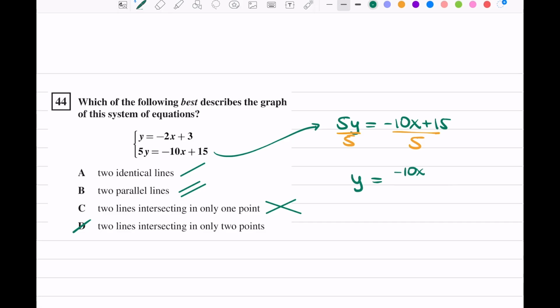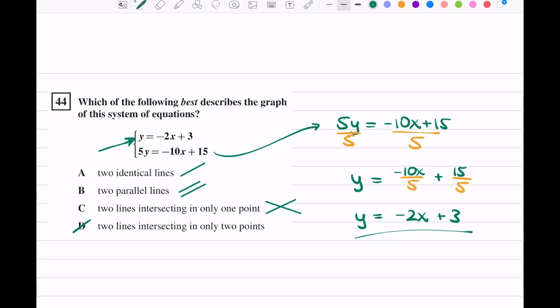We'll have negative 10x divided by 5 plus 15 divided by 5. Simplifying, we have y equals negative 2x plus 3. So our second equation is negative 2x plus 3, and so is our first equation. So we have 2 identical lines. You can think of this as 2 lines on top of each other.